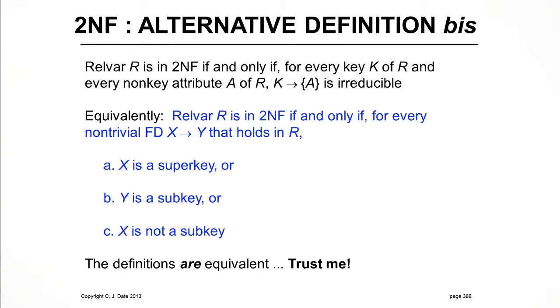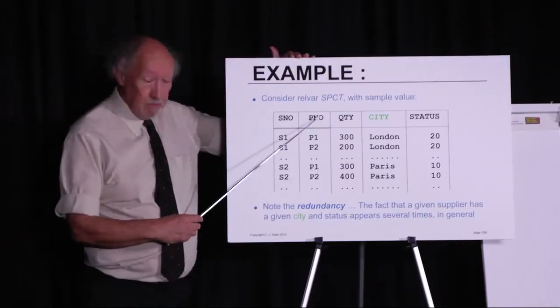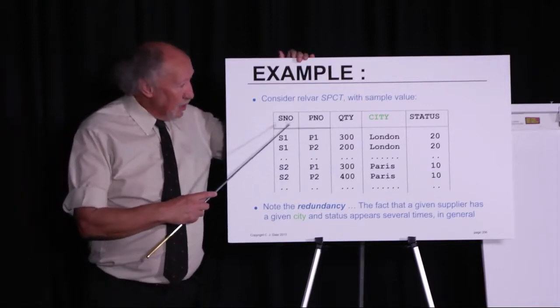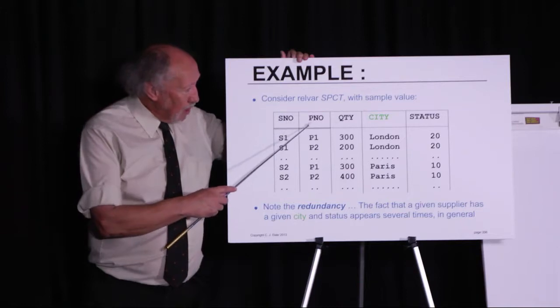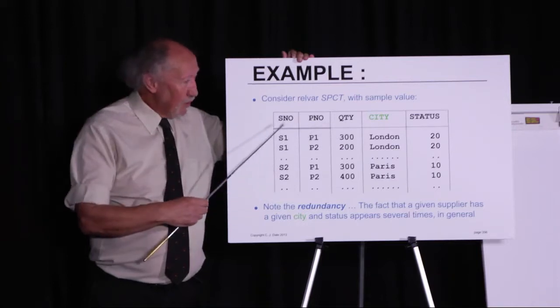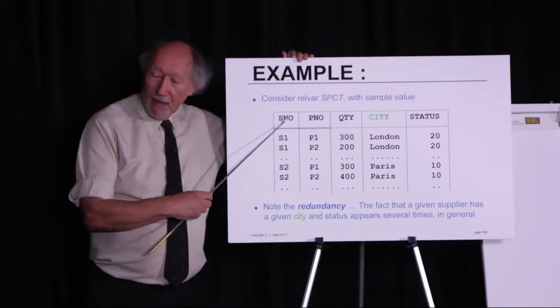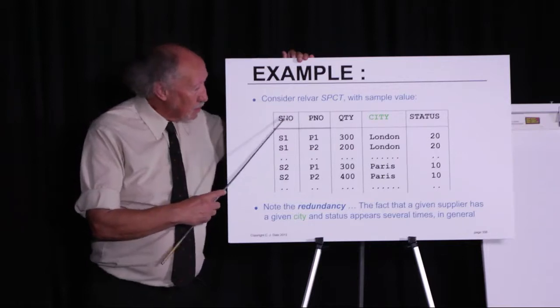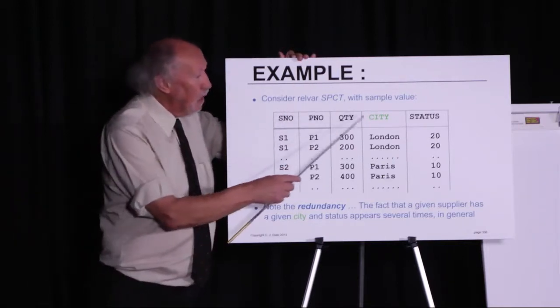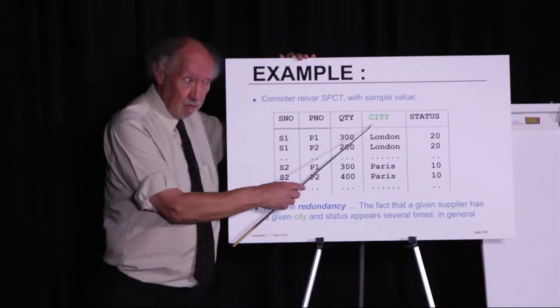If we again look at our example here of SPCT, we have the functional dependency supplier number, part number, arrow city. That is a functional dependency that holds. But in that functional dependency, I beg your pardon, supplier number arrow city is the one I wanted to talk about. Start again. Supplier number arrow city is a functional dependency that holds.